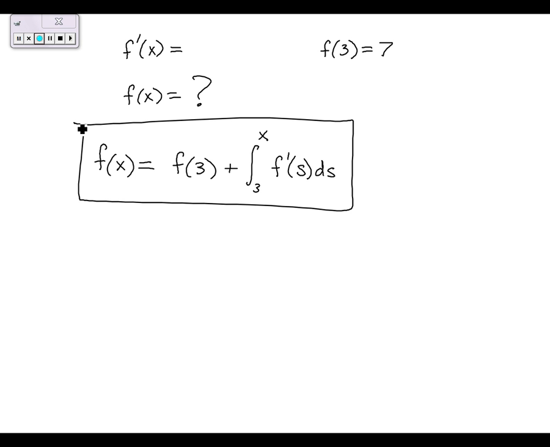The other way I think we sometimes conceptualize it is to take the antiderivative of f prime, and then we'll get something plus c. I think that's the way you like, just doing the general antiderivative. Then we plug in 3 for x and 7 for y, and we find what c is. Then we go back and put c back in.